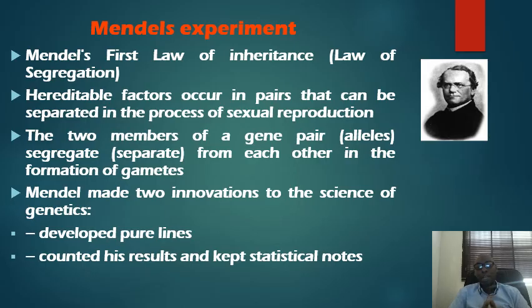And he made sure that after selfing from one generation to the other, they all bred true for those traits. And he counted his results mathematically and kept statistical notes, which helped him to draw conclusions to his experiments.